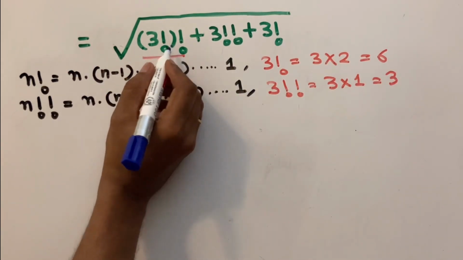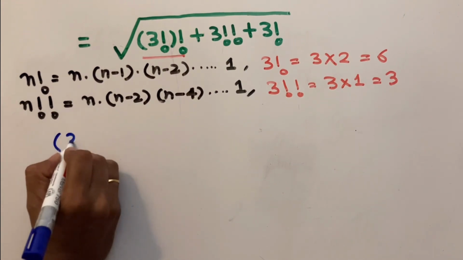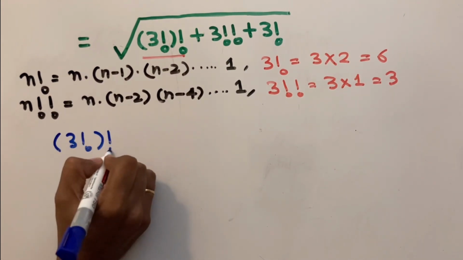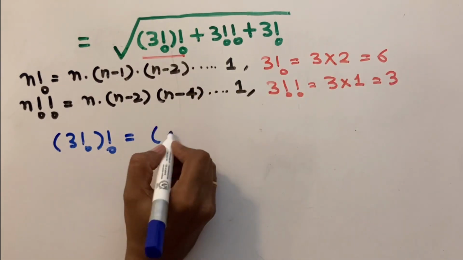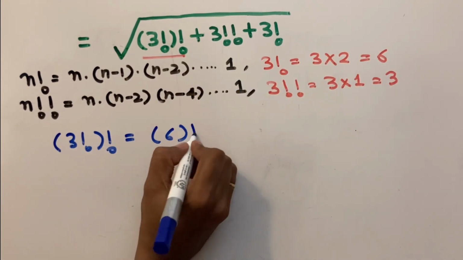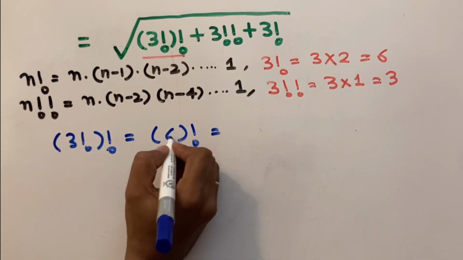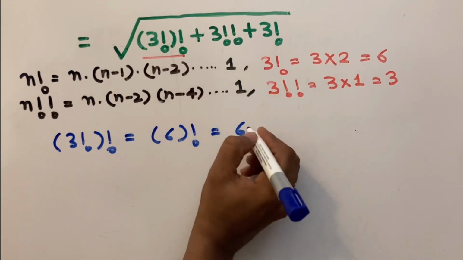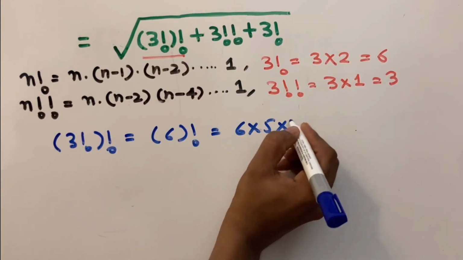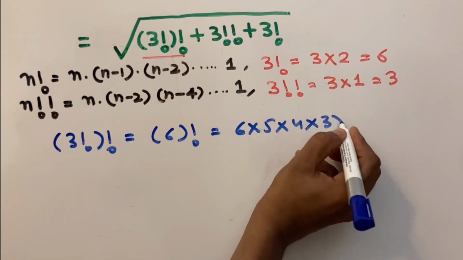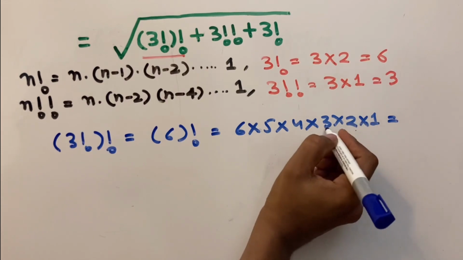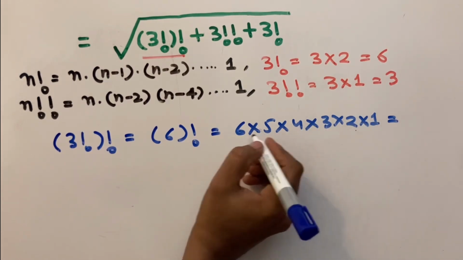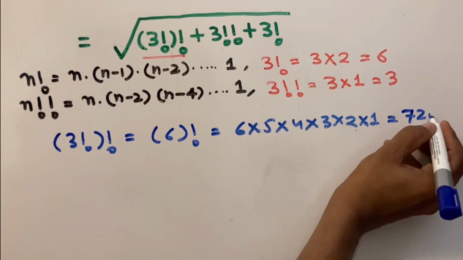And in this expression, (3 factorial) factorial: as 3 factorial equals 6, this is 6 factorial, which equals 6 multiplied by 5, 4, 3, 2, 1, which equals 720.